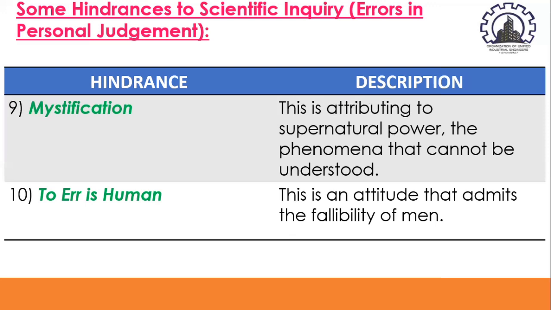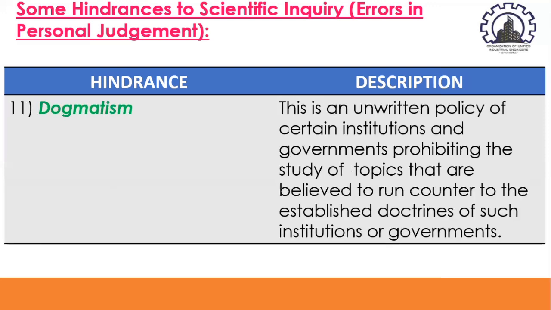And finally, the last hindrance to scientific inquiry is called dogmatism. This is an unwritten policy of certain institutions and governments prohibiting the study of topics that are believed to run counter to the established doctrines of some institutions or governments.